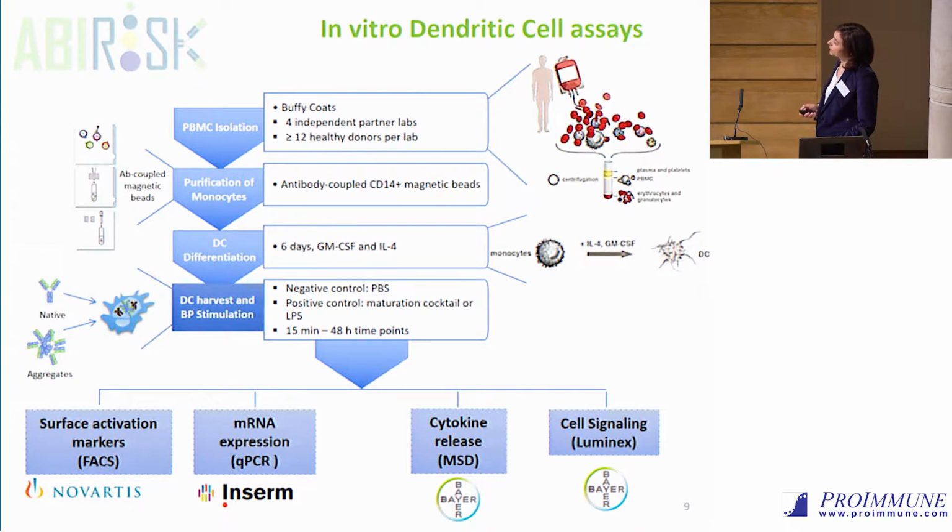Here the surface activation markers exploration with a cytometry method. The quantification of chemokine and cytokine mRNA expression with quantitative PCR, or also the quantification of the cytokine and chemokine release with a multiplex assay. And then we started to explore the cell signaling inside the stimulated DCs with Luminex assay.